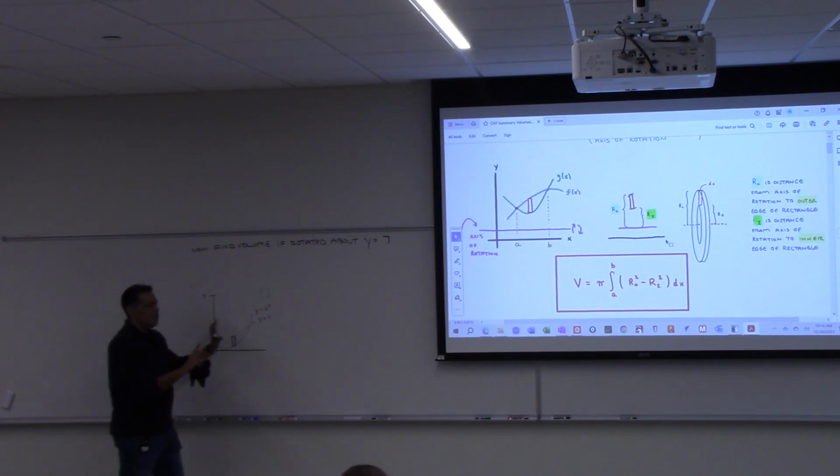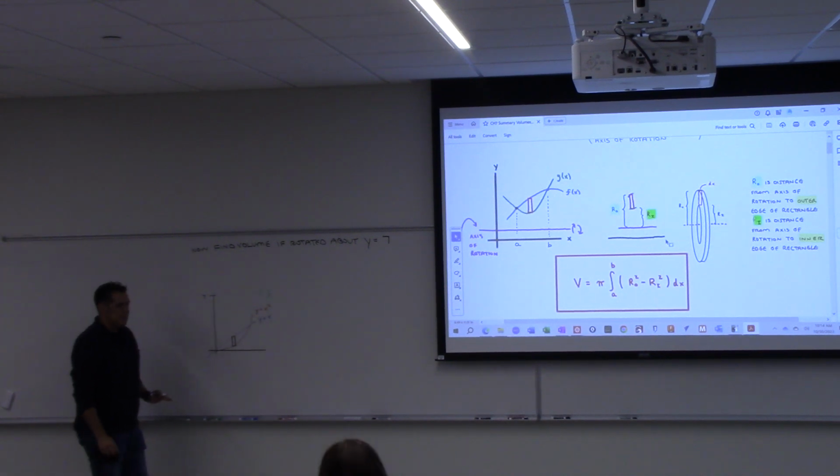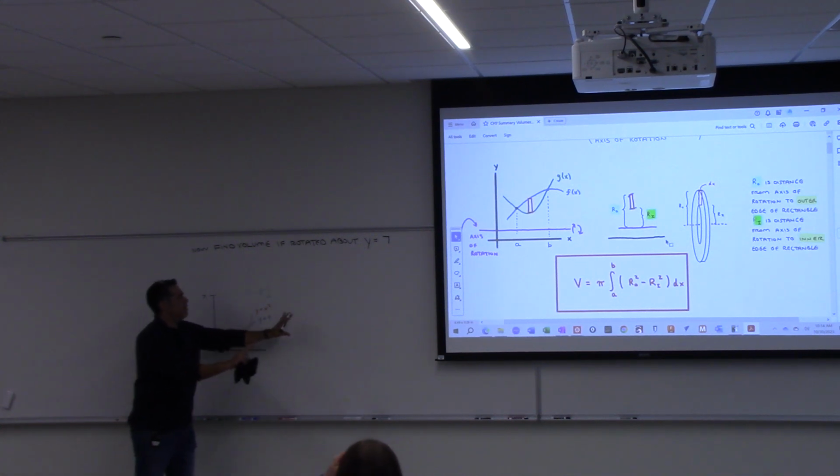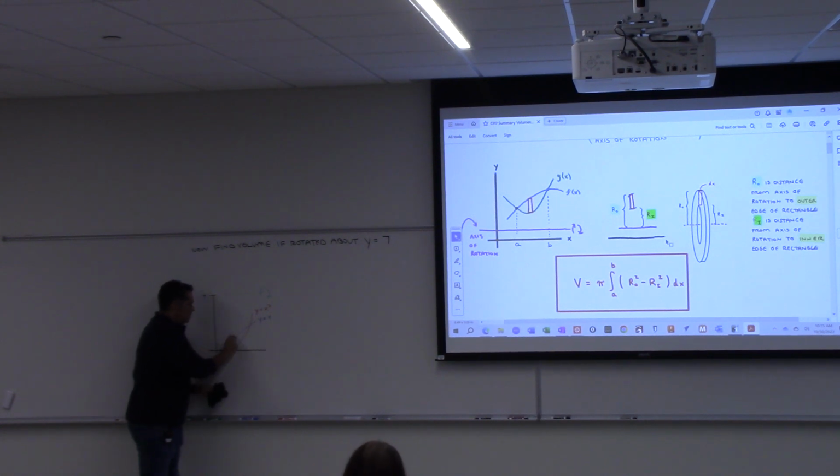So when I go and move everything over here to draw my other picture, want me to slow down? Okay. When I draw my other picture over here that I'm going to rotate, I only bring the x-axis, the rectangle, and the axis of rotation over.